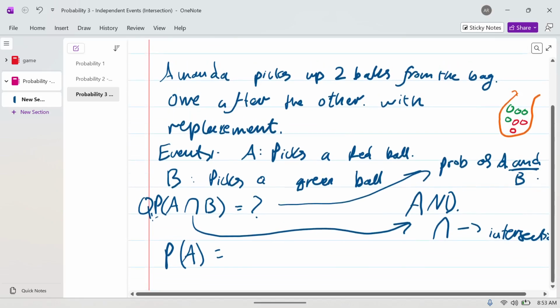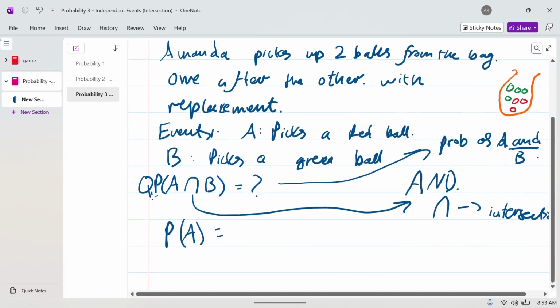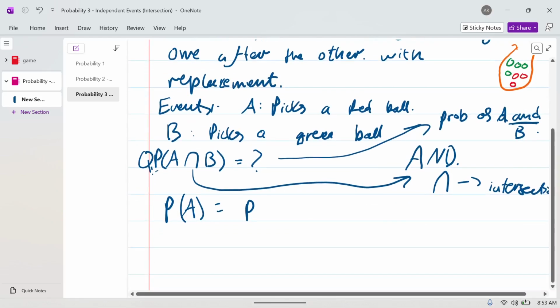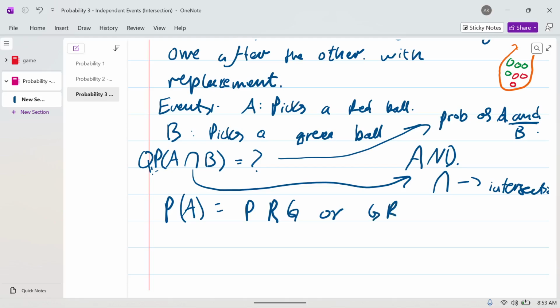Now look, we know she's picking up two balls. So maybe it's going to be first red, then green, or it's going to be green, then red. I'm sorry, wait. I mean, that was doing it all in one step. The probability for event A is she picks up a red ball, right?